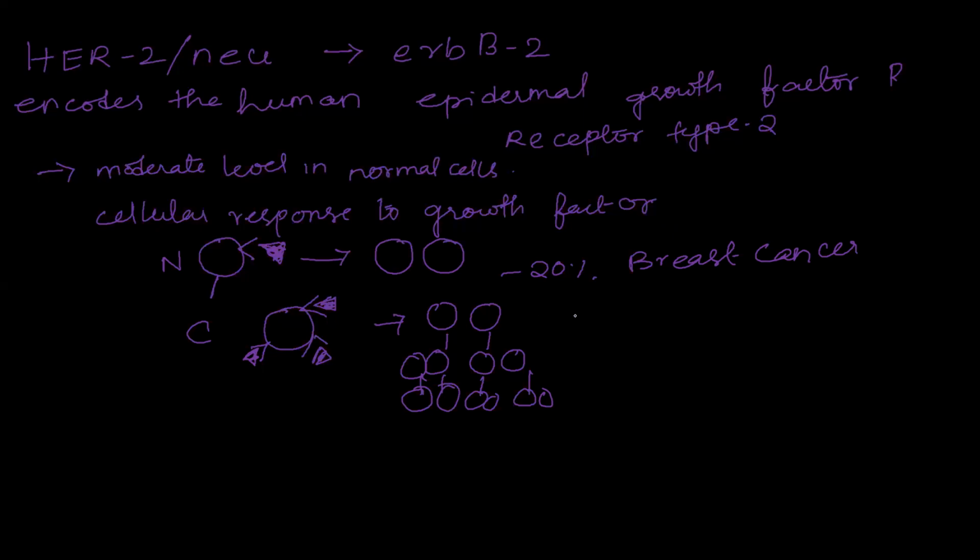Sometimes gene amplification of this gene is also thought to alter the response of the tumor to treatment, as well as the ability of the tumor to grow and spread. So this is a very important gene. Actually, this gene may make a tumor more aggressive.